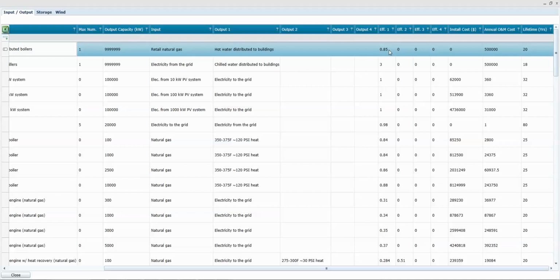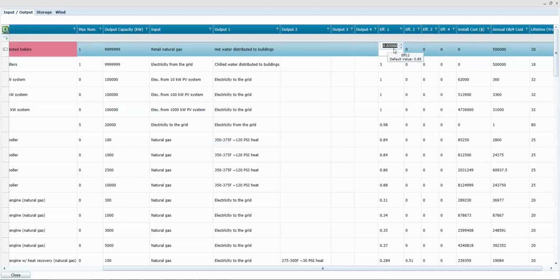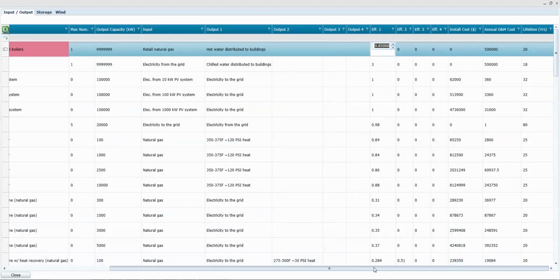If you know these are older boilers for your group of buildings and it's all a relatively homogeneous technology, you could decrease this number. But it's within that range. You might go down to 80% or even a little bit lower. But this gives you a starting point, and if you've got better information, you can always go in and edit that number and leave that in here for even closer results.